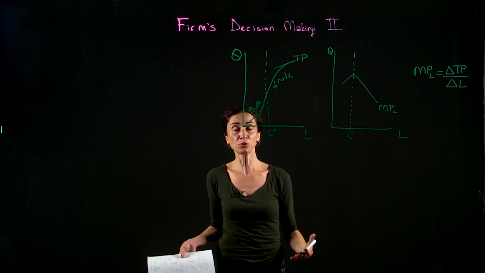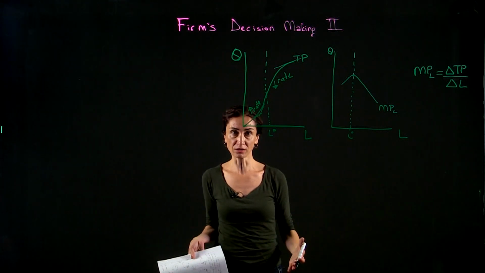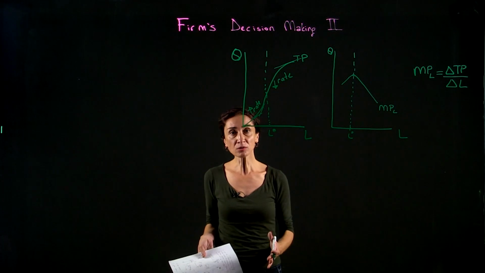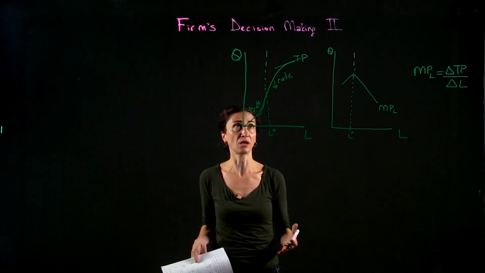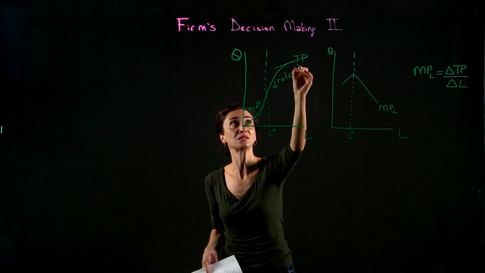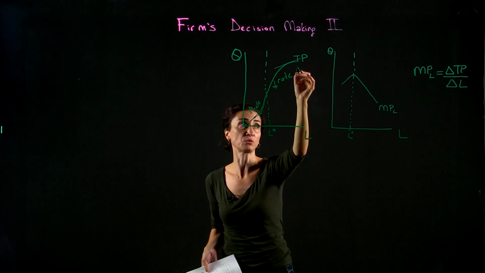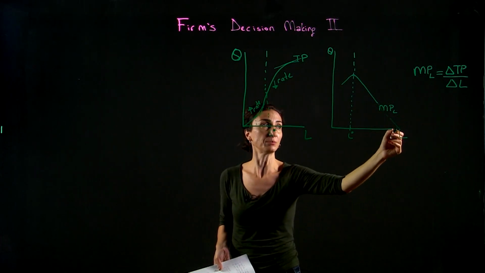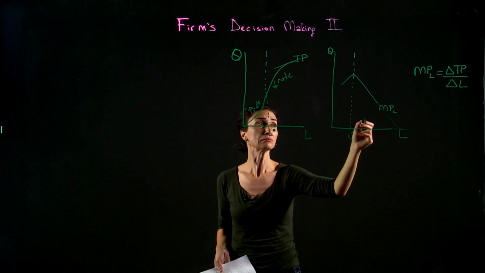Yes, they can produce more sandwiches, but since I'm in the short run and since there's only one oven, the amount they can add to total production will be going down. And eventually it can even be zero. If this becomes flat, marginal product will be zero. And here, if we draw that part, marginal product will be zero, right?